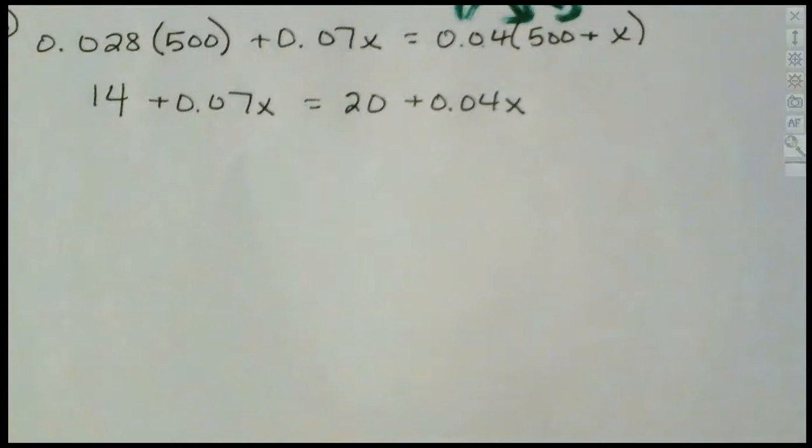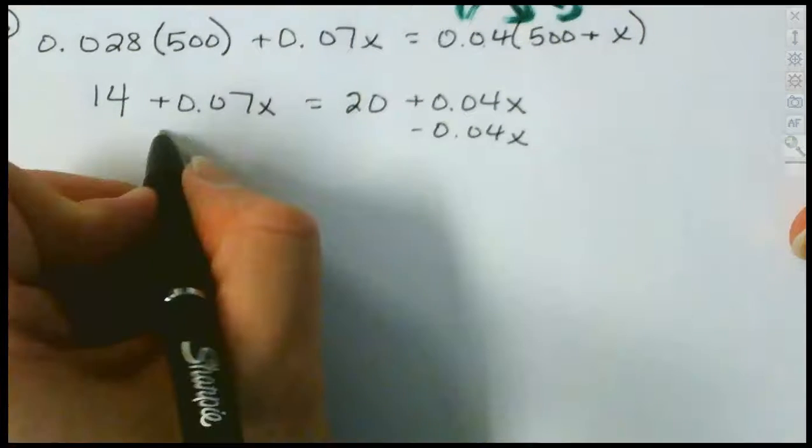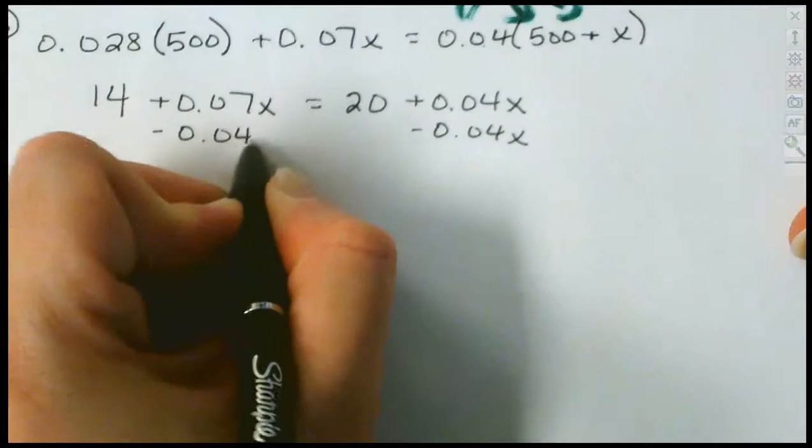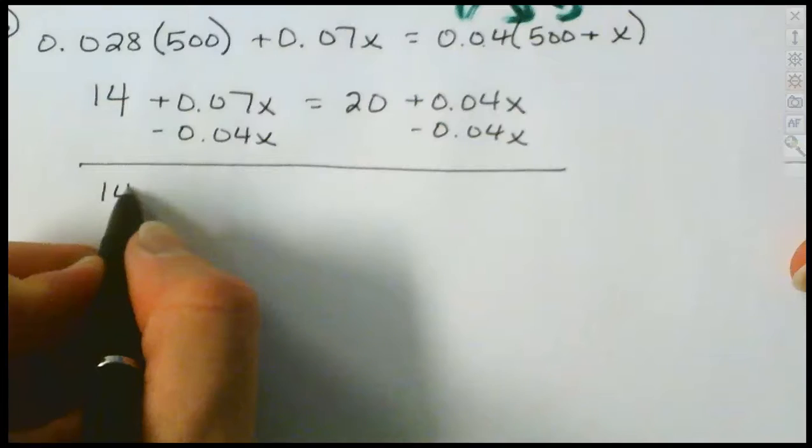Now what do we do? Well, decimals just work like any other number. We get all the x's to the left, numbers go to the right. So move that 0.04x over. And that leaves me with then 14.